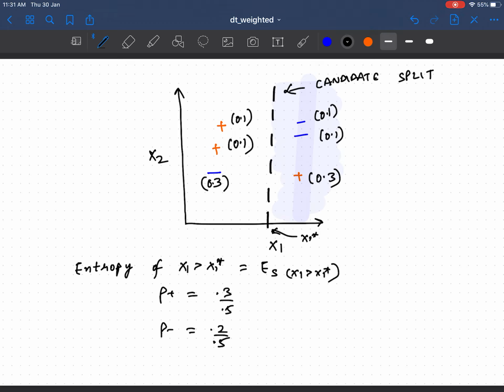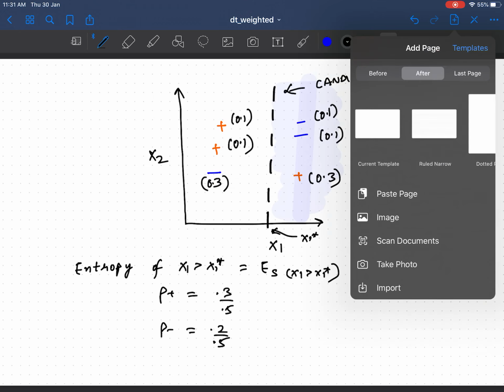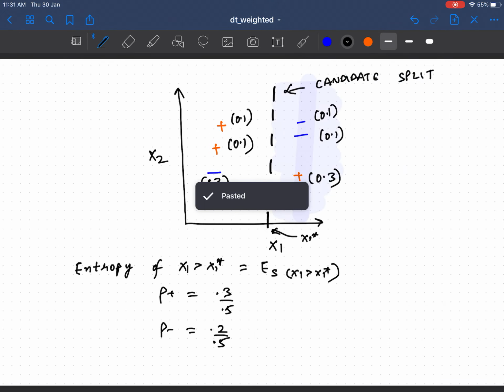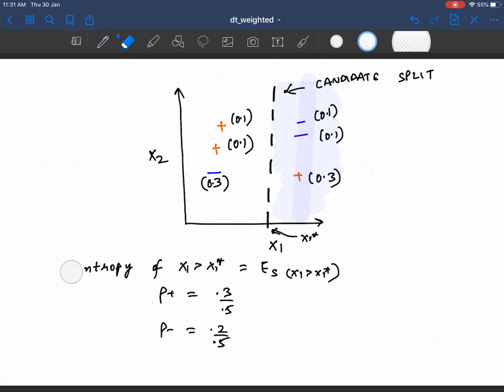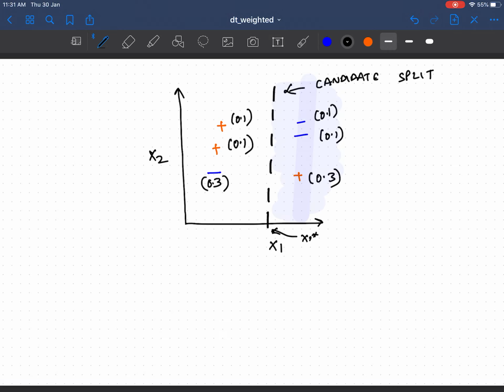Now the only thing we are left to do is to calculate the information gain for this particular split, x1 equal to x1 star.